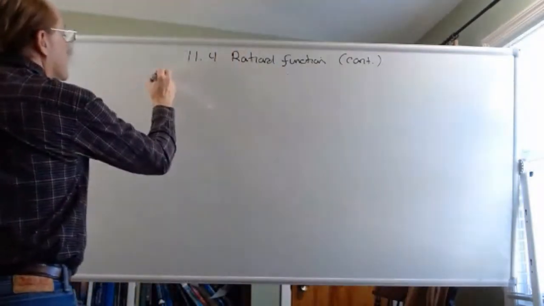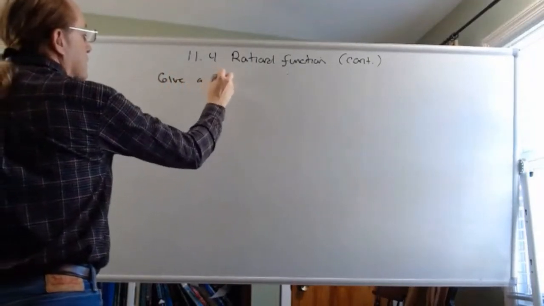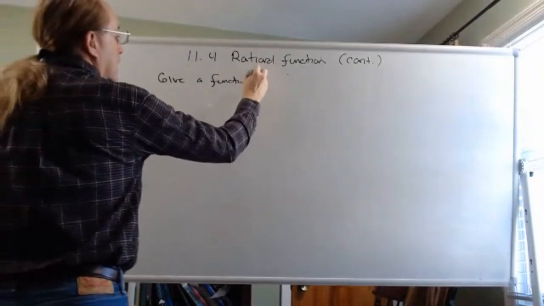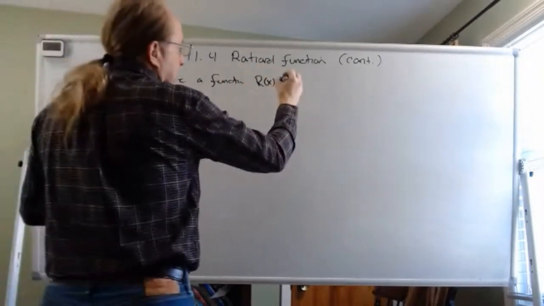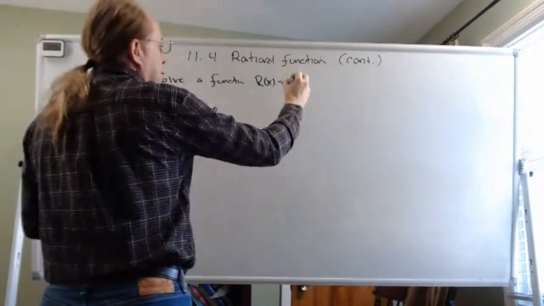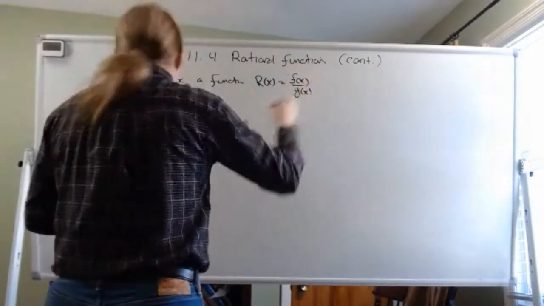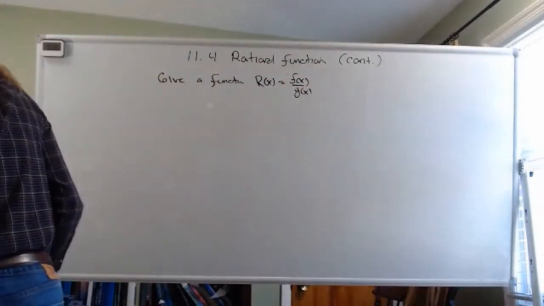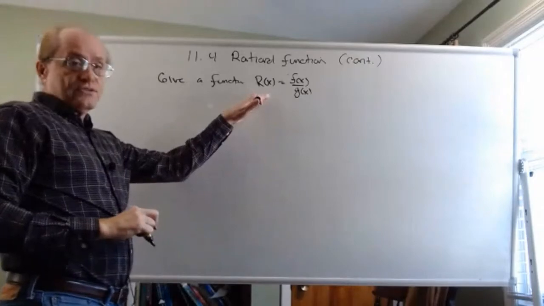So given a function of x, and I've been using p and q, I use f and g in the book. It doesn't matter. Let's just do f of x and g of x. Now we're going to be able to define this not just for rational functions.